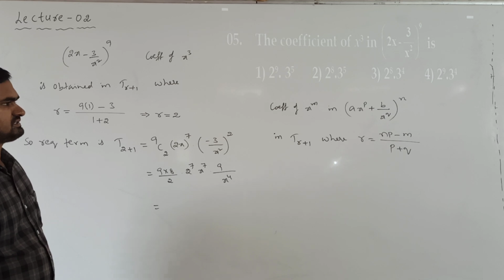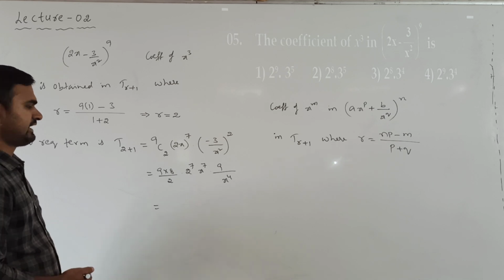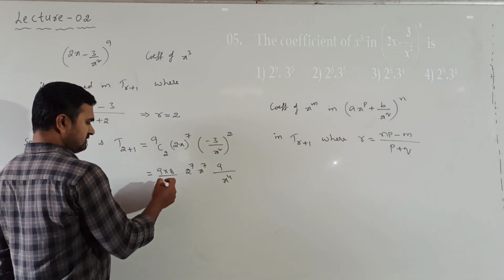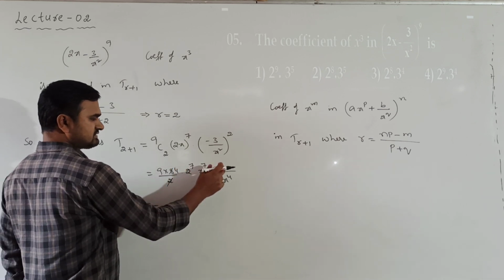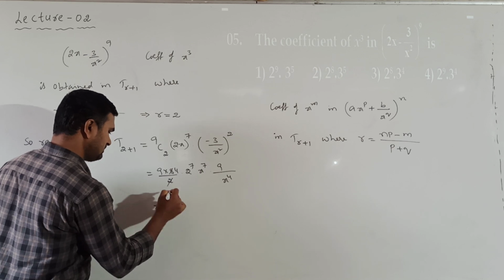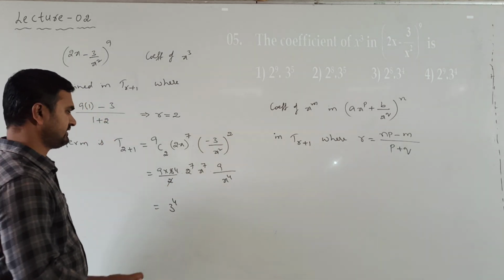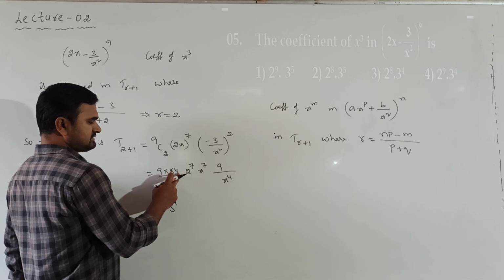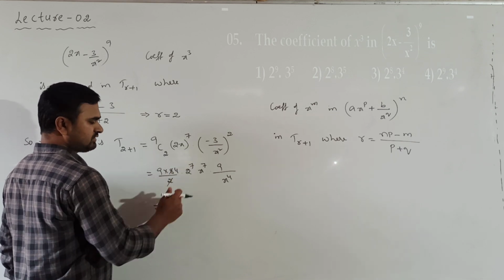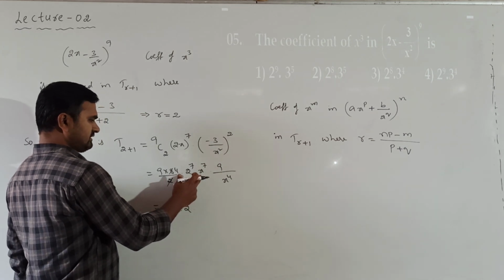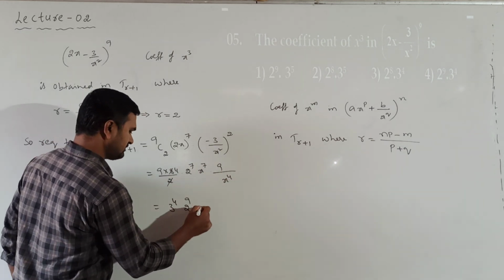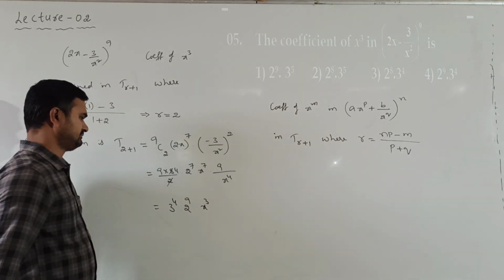Now if you see the options, they are given in terms of 2 powers and 3 powers. So we can write 9 as 3 square, 3 square, 3 power 4, and 4 is 2 square into 2 power 7, 2 power 9. Next, x power 7 divided by x power 4 is x power 3.